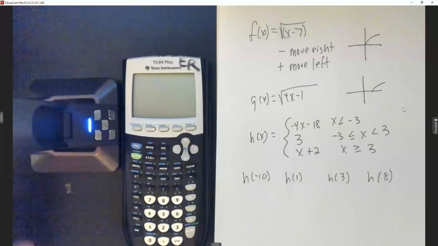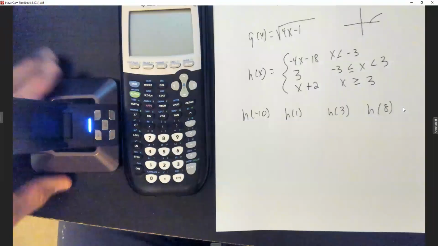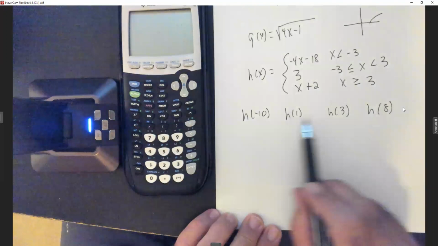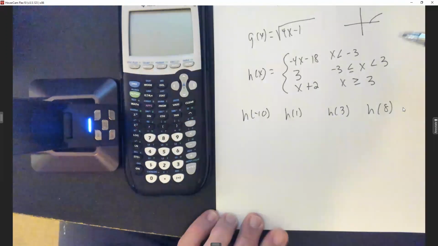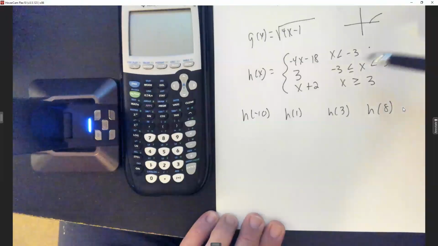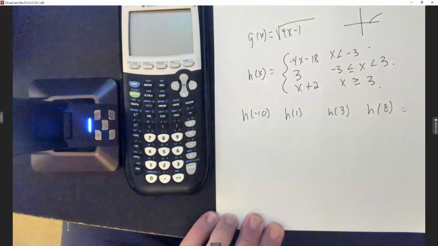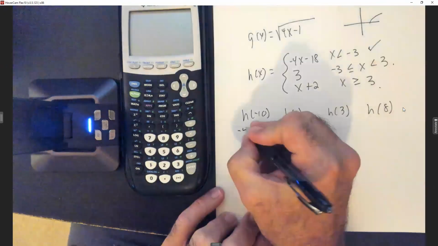So here's my equations. Here's my 4 problems. So first of all, to find negative 10, I got to know if that negative 10 is less than negative 3, in between negative 3 and 3, or greater than 3. So negative 10 is definitely less than negative 3. So I would use this equation, negative 4x minus 18.